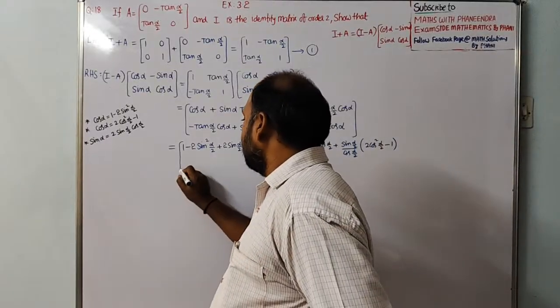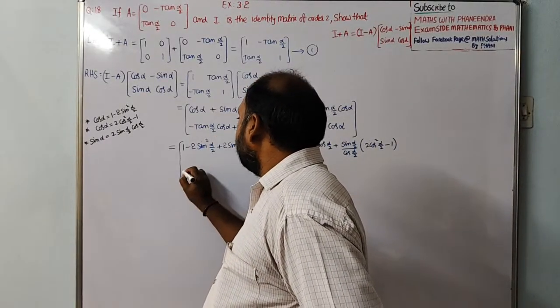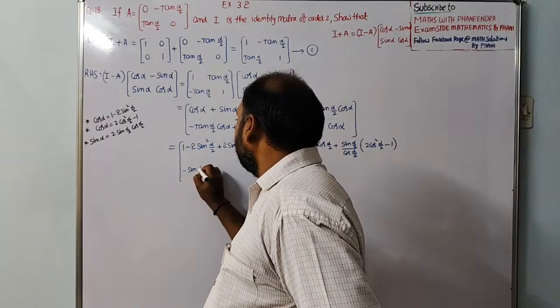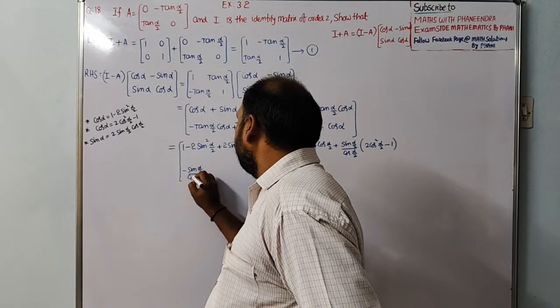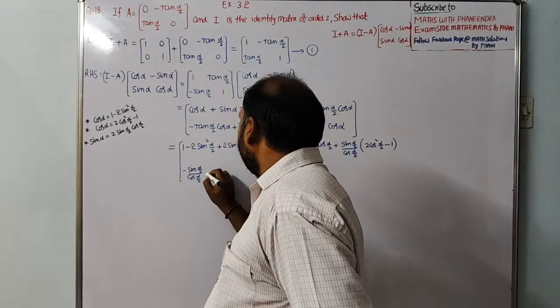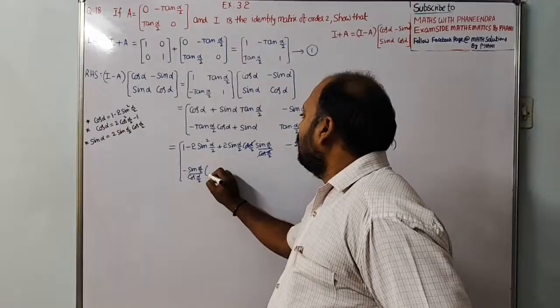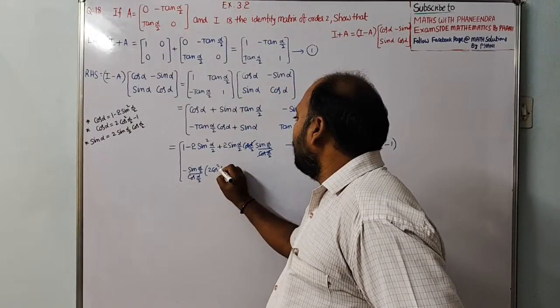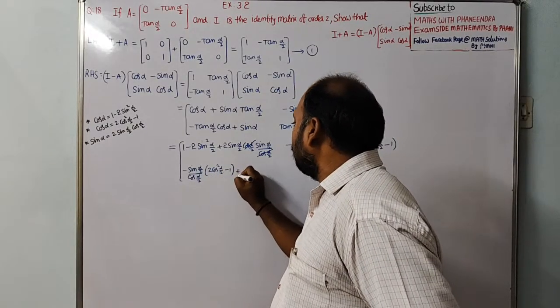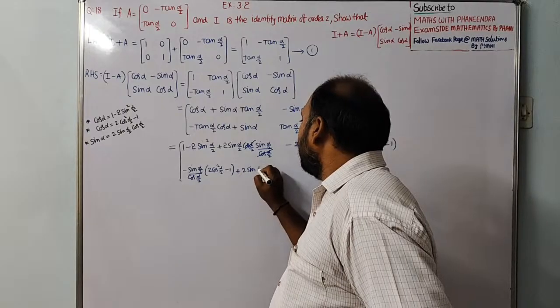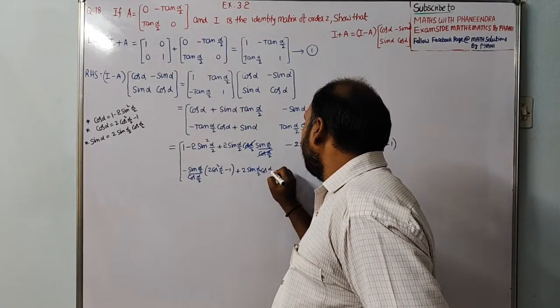Denominator. Next is the second row: minus sin alpha by 2 cos alpha by 2. Here cos alpha we write as 2 cos square alpha by 2 minus 1, and 2 sin alpha by 2 cos alpha by 2.